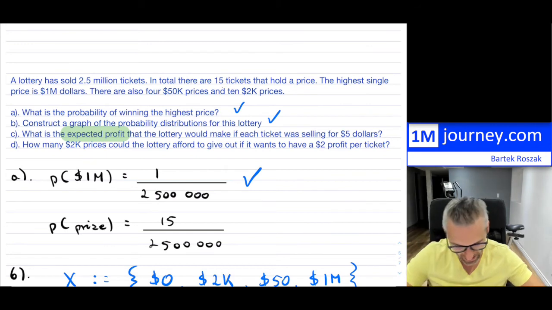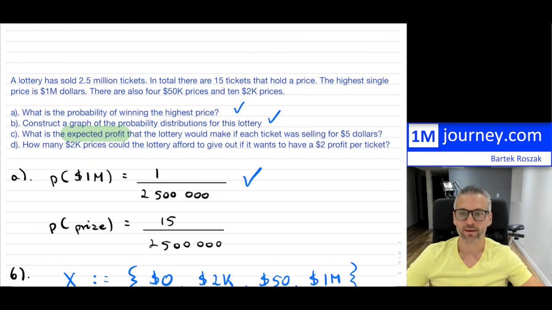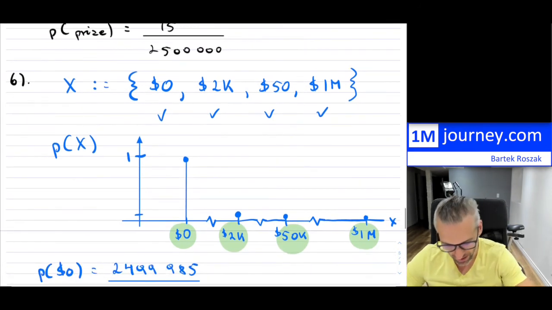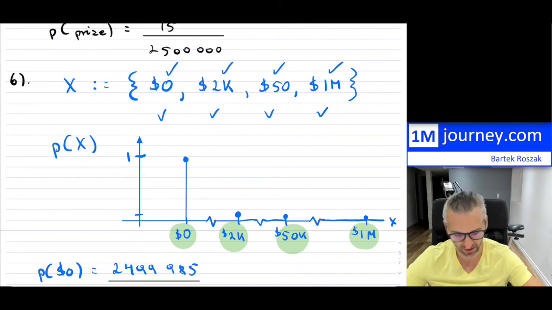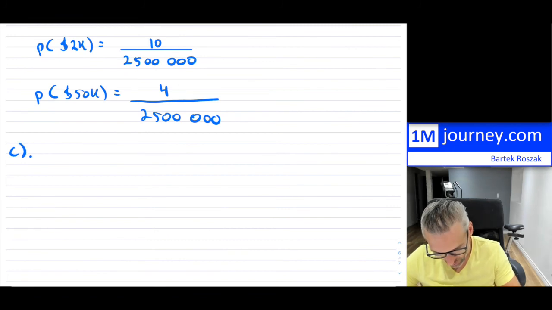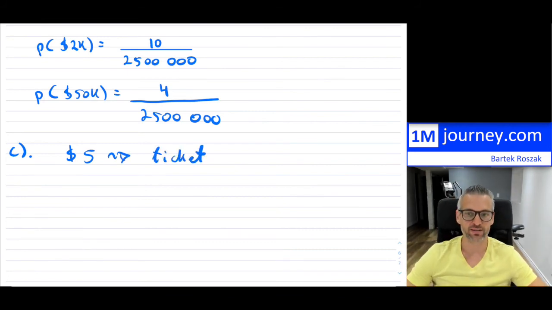So what's the expected profit? In total, they're paying out money. For most tickets, they're not going to pay out anything. But for these, they do have to, and then they have to pay out one big sum. For part C, we know that we are receiving $5 per ticket, but that's not our profit because we still have to pay out.